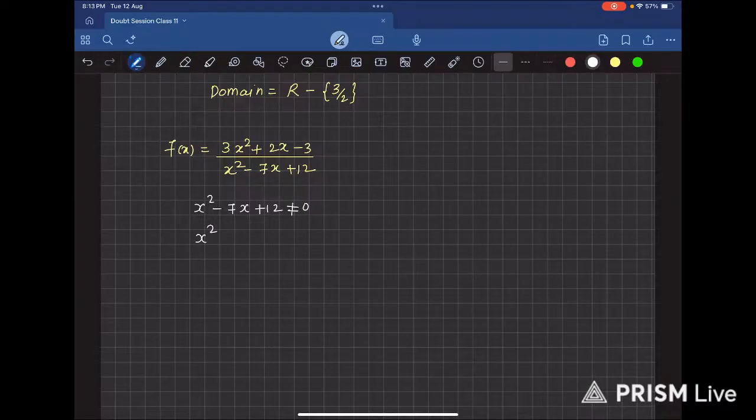So here I'll factorize this. You know very well that we want two numbers whose multiplication is 12 and the addition will be minus 7. And what are those two numbers? Do write in comment box, everyone. Yes, yes, yes.